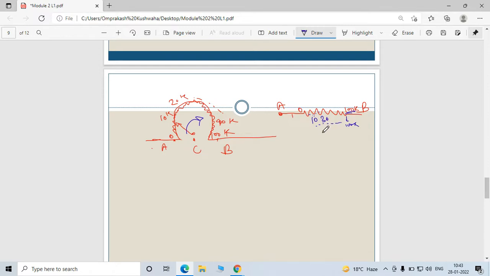So when you supply the voltage here, if your port is from this side, and this positive terminal of your port is connected to this side, and the negative terminal is connected to this.